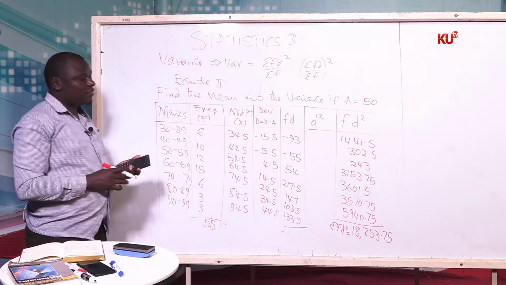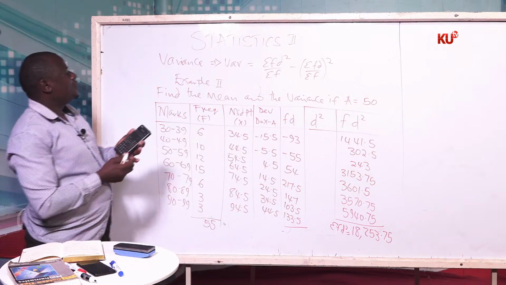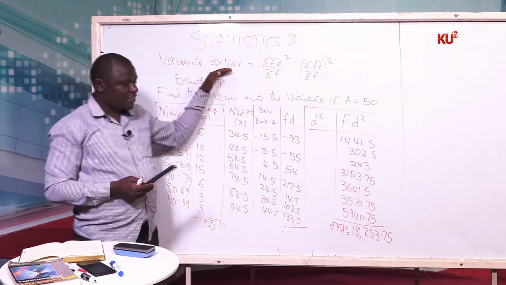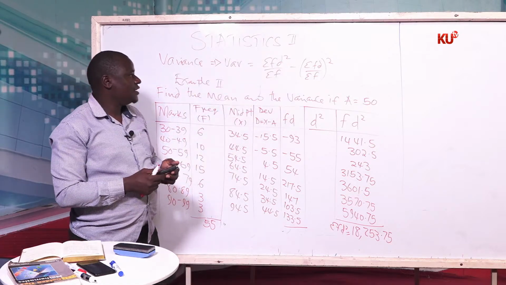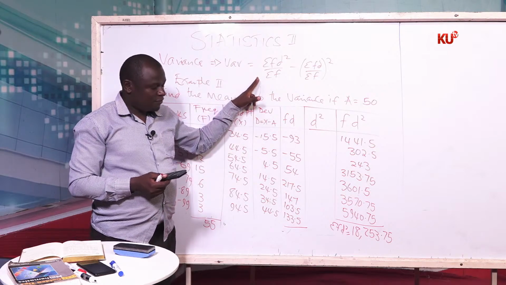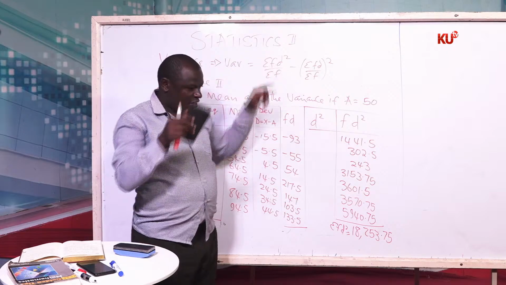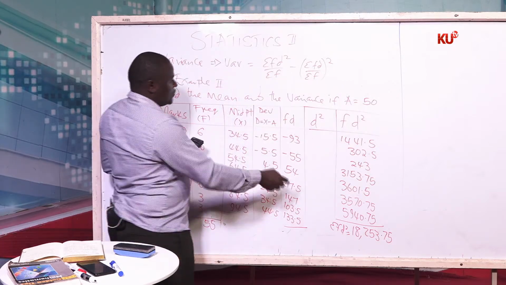Having filled in those columns, now we come back to what I had said initially, how to get variance. Variance is given by summation of FD squared over summation F, minus summation of FD over summation F, all that in brackets squared. So we are going to fill in those values.